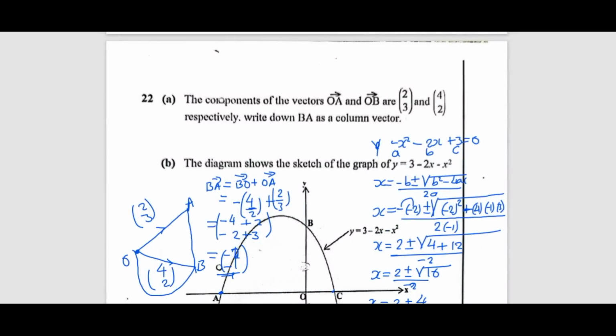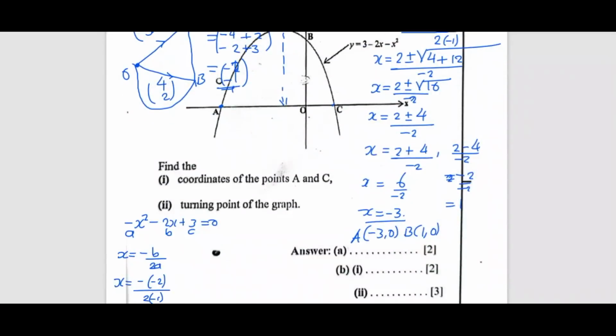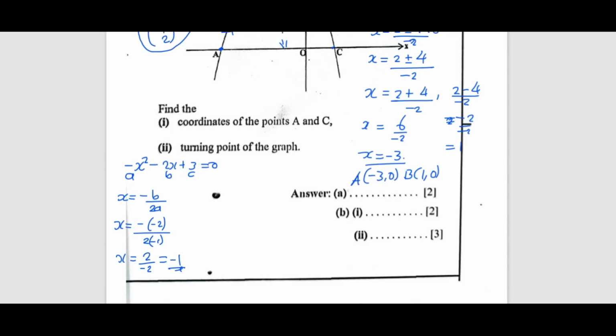So let's see if this is making sense. So the turning point is somewhere here, is where the curve is turning. So we can see that it is on the negative part, so it's making sense. Let's find y. So y is equal to 4ac minus b squared over 4a. So what's our a? Negative 1, c 3, negative 2 squared over negative 1.